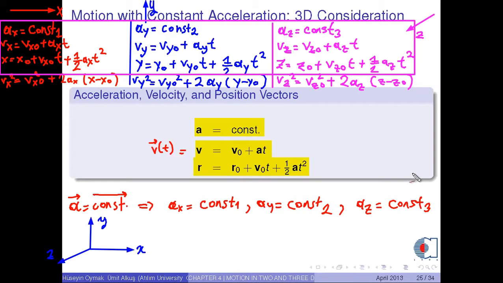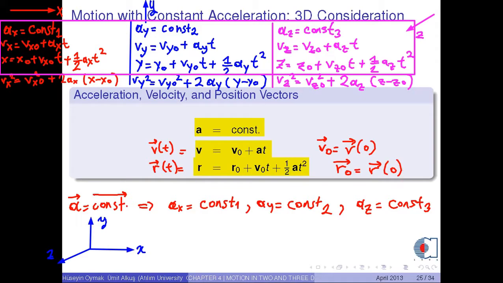Where v equals v of t is the velocity of the object at time t, v0 equals v of 0 is its initial velocity at t equals 0, r equals r of t is its position at t, and r0 equals r of 0 is its initial position at t equals 0.